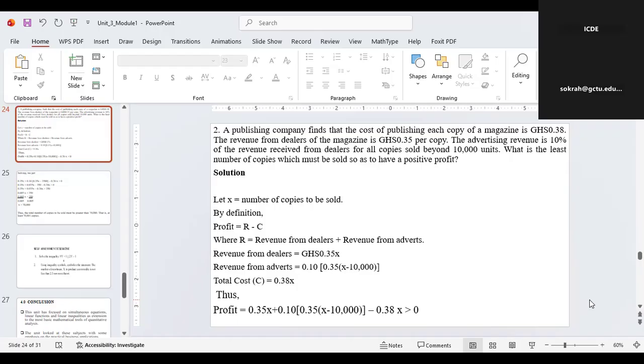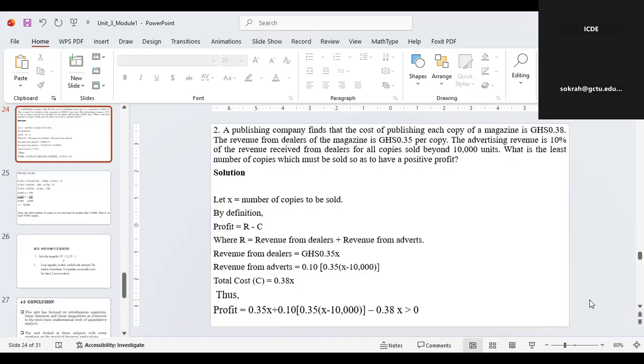Now, the key point is that we are asked to find the least number of copies which must be sold so as to have a positive profit. Okay, so that is what we are to look for. Because we don't know it, in mathematics, anything we don't know, we represent by a variable.